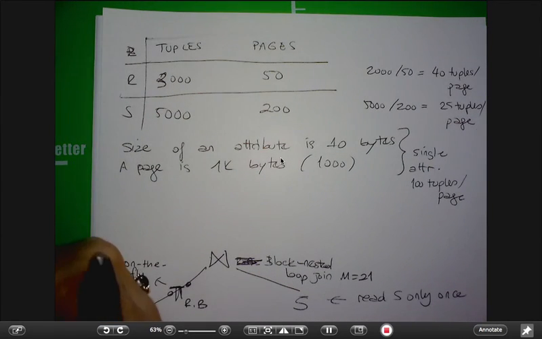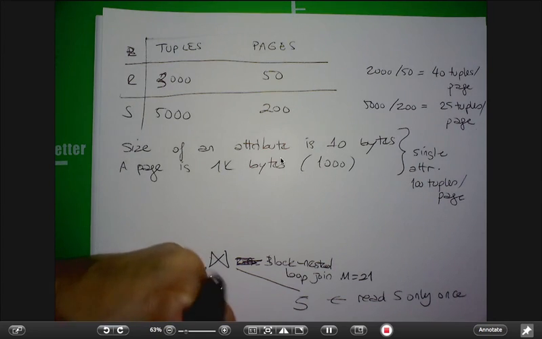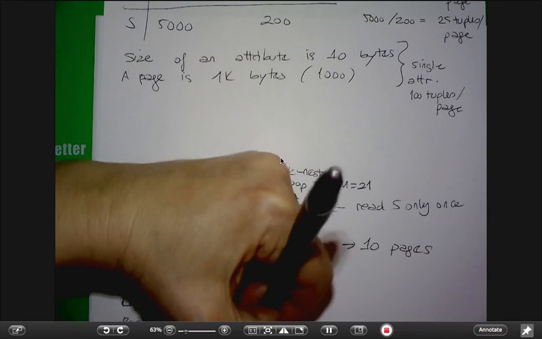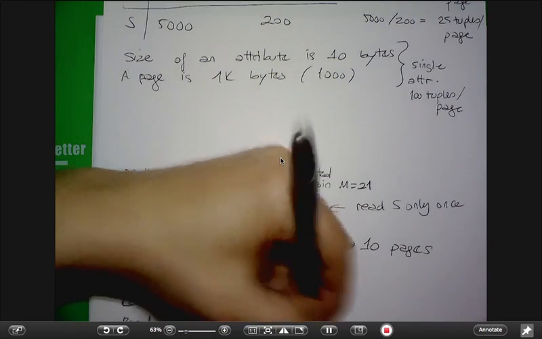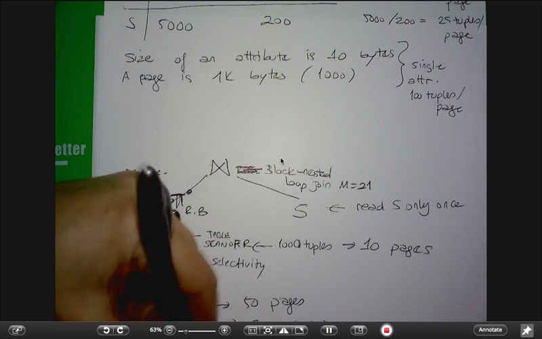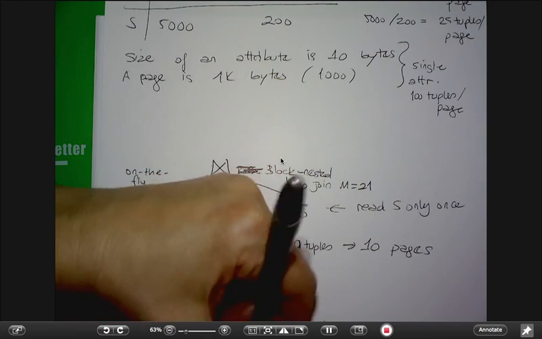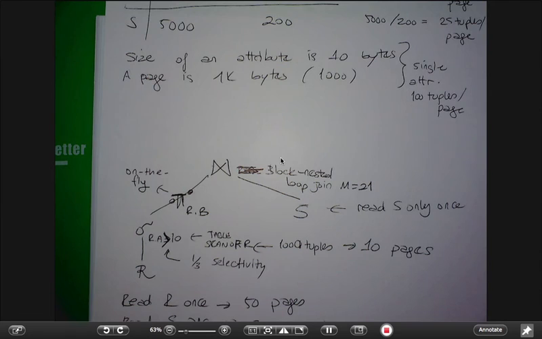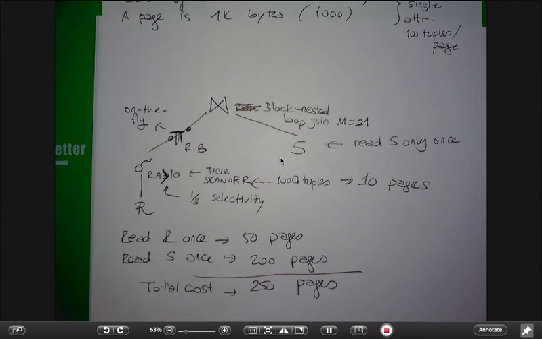So that means, which was 200 pages. So my total cost is actually 250. Okay, there we go.